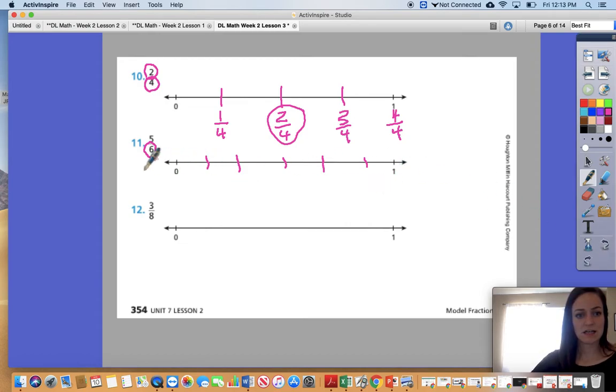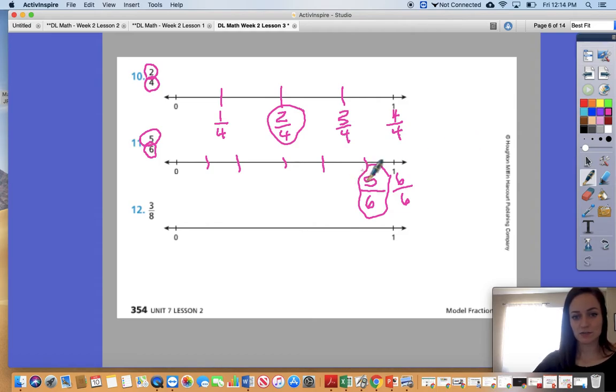I did it. Now I look at my numerator, and that'll tell me where I need to go. I'm not going to label these, I'm just going to count. 1/6, 2/6, 3/6, 4/6, 5/6. That's where 5/6 is. Do you notice that 5/6 is almost a whole, right? Because a whole would be 6/6. We just need one more sixth, then we would be at 6/6.